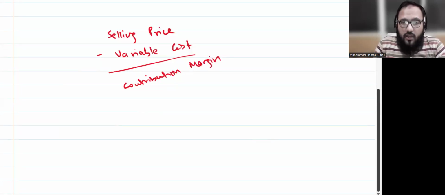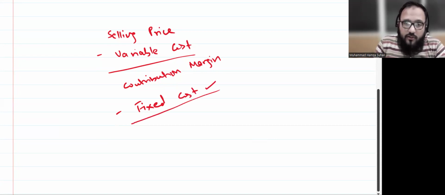This is also a kind of profit, but this is such kind of profit which is used to cover all the fixed costs. It means that the contribution margin contributes in covering the fixed costs of an organization. And once all the fixed costs are covered, what happens? The same contribution then moves towards the profitability of the organization.